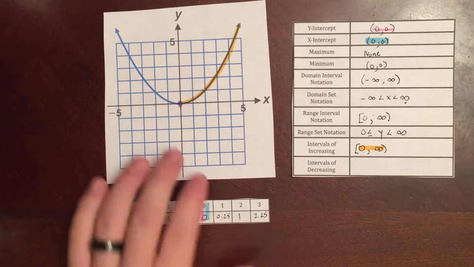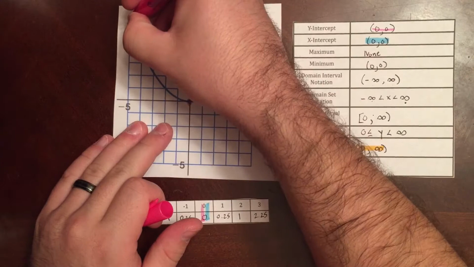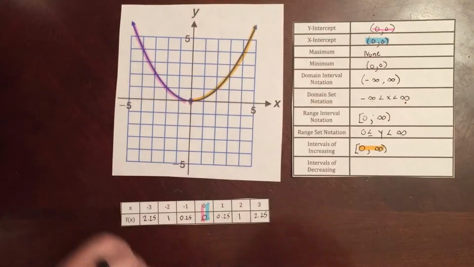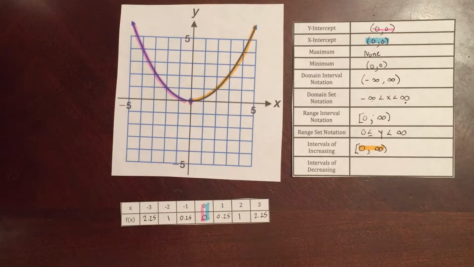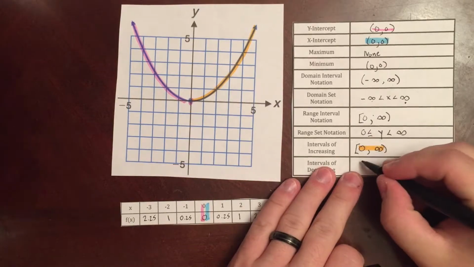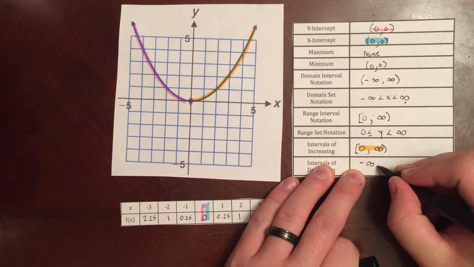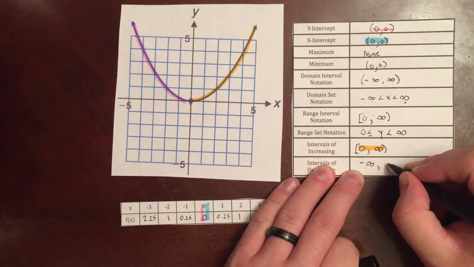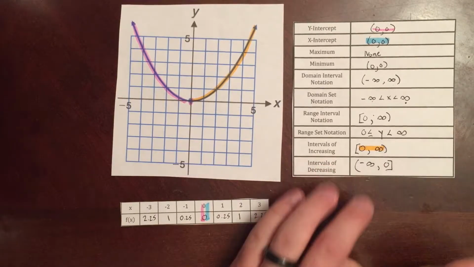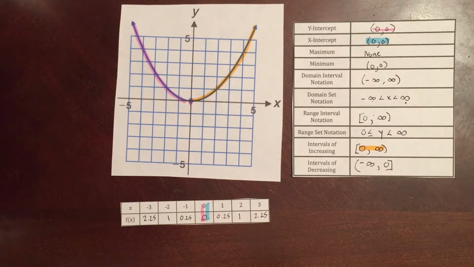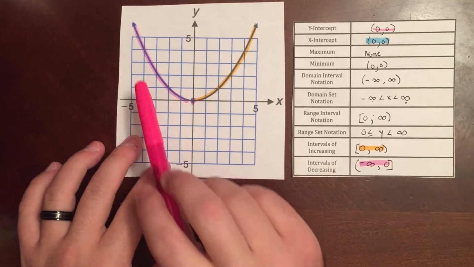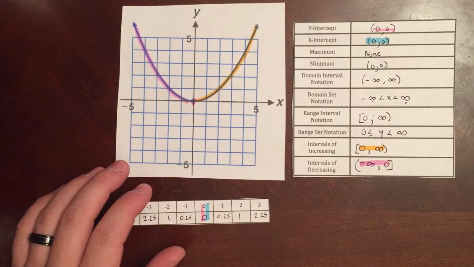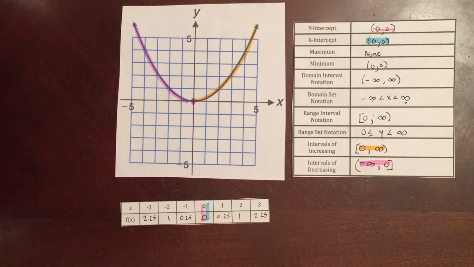Now the graph looks like it decreases the opposite, from negative infinity all the way down. So again, we have decreasing and increasing on a graph. Decreasing is where the slope is negative, increasing is where the slope is positive.